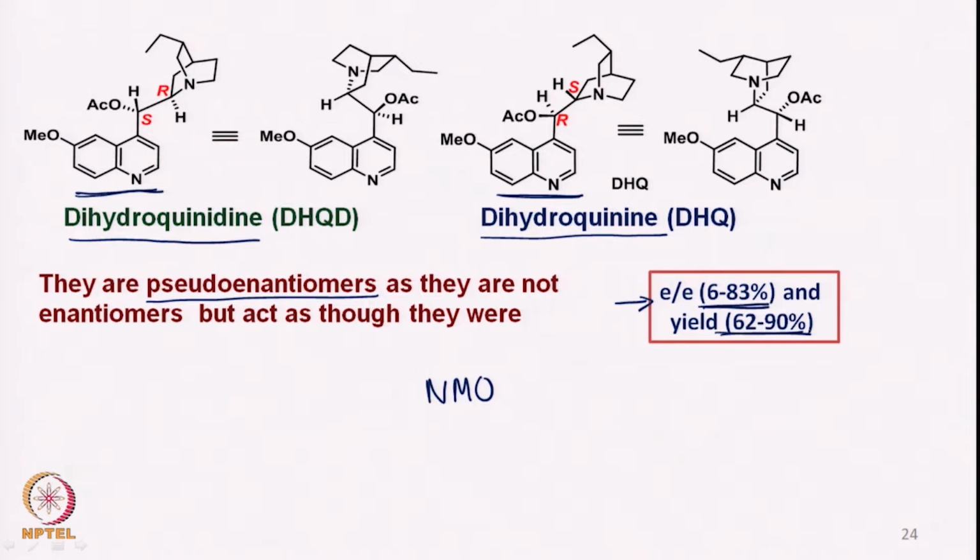So it seems to be pretty good, but it is something that we need to worry about, because why is it that the enantiomeric purity is as low as 6 and, of course, in some cases as high as 83%.